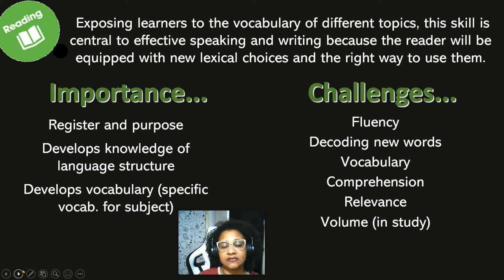So it's up to the teacher to ensure that they read through the text, even if they don't understand one or two words. Vocabulary may be a problem if, for example, it is not in context or wasn't worked on before. Comprehension, relevance, and volume. How much do they have to read in a lesson? How much would they take out of a lesson after the reading?